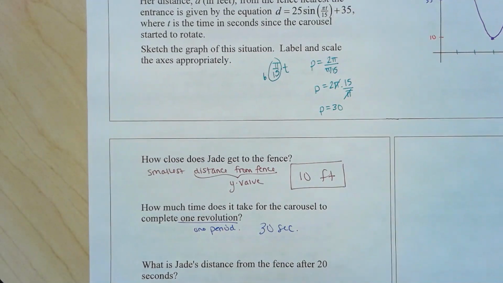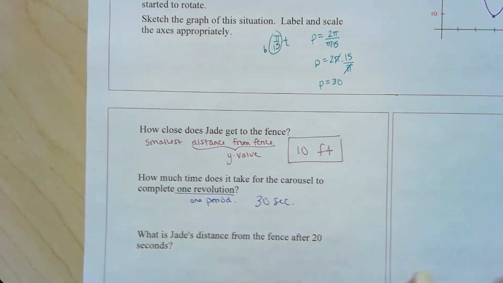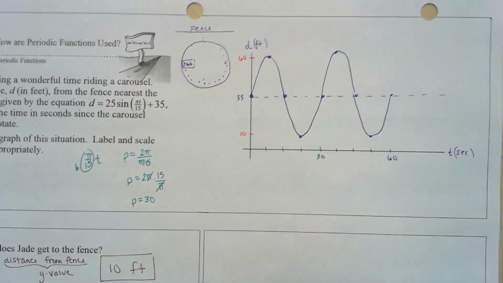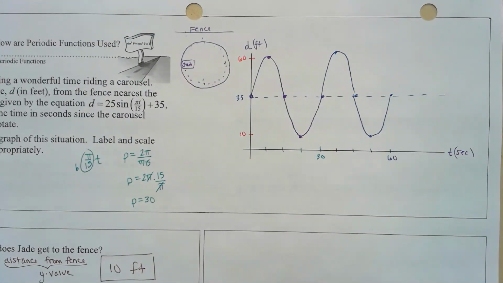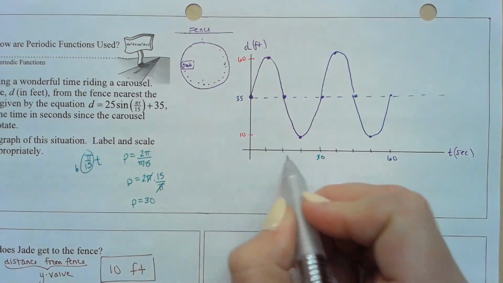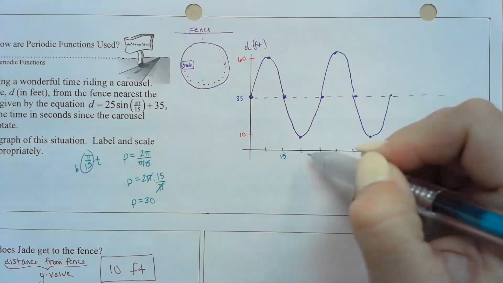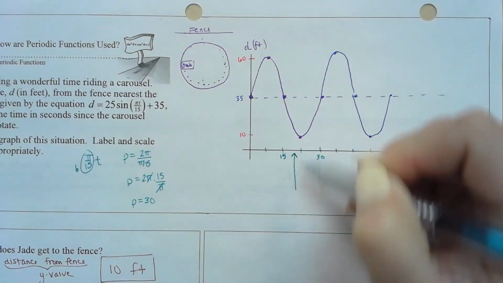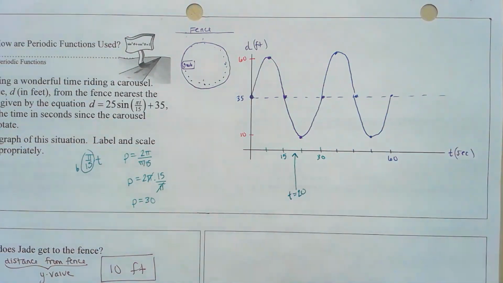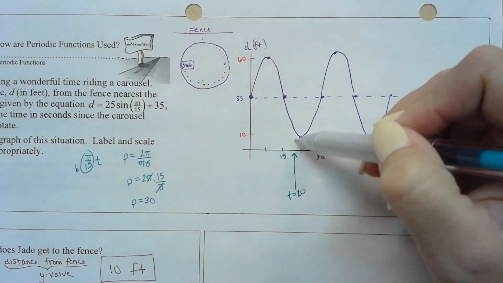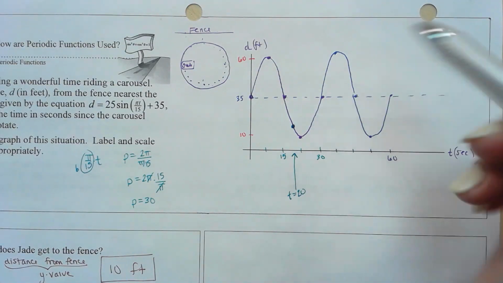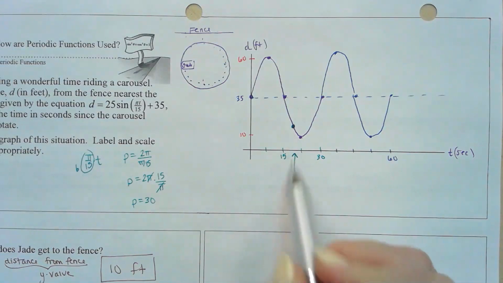Okay. Now, this last question says, what is Jade's distance from the fence after 20 seconds? Okay, so I'm going to go back to my graph here. And let's see, if this is 30, this would be 15. And they're asking about what happens when time is 20. They're essentially asking for the point, right? What is the distance?